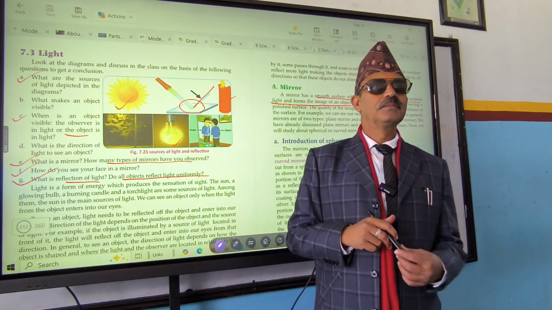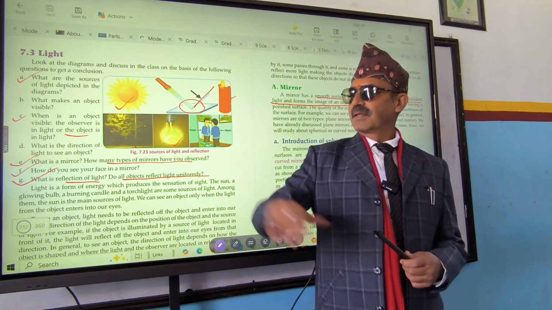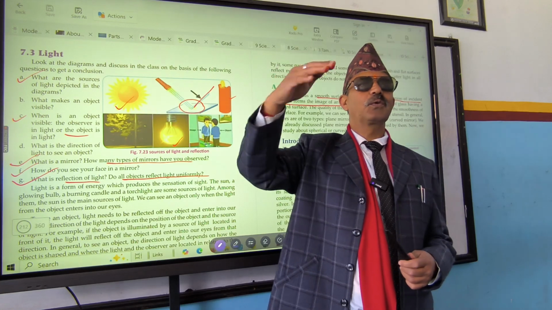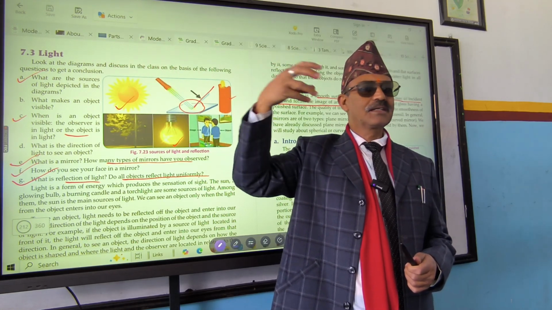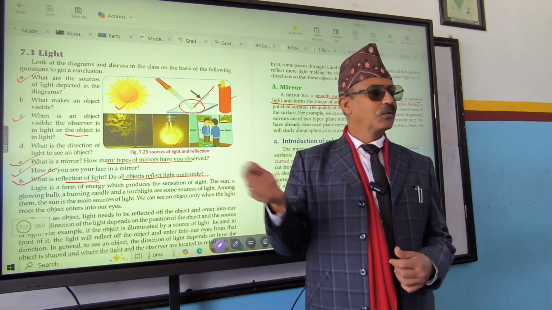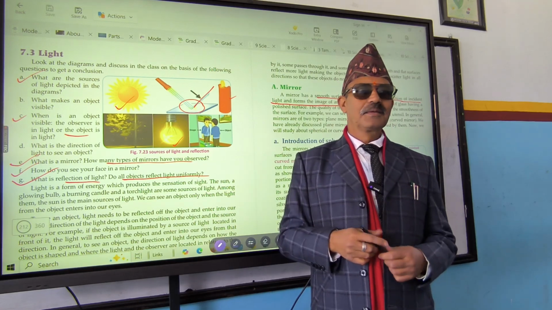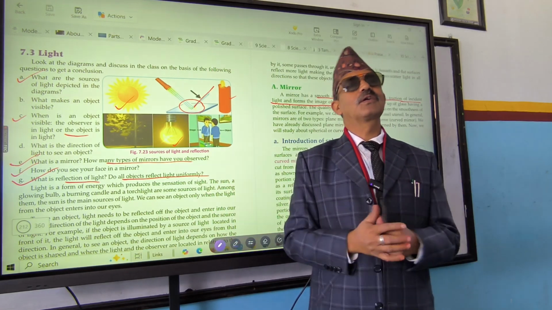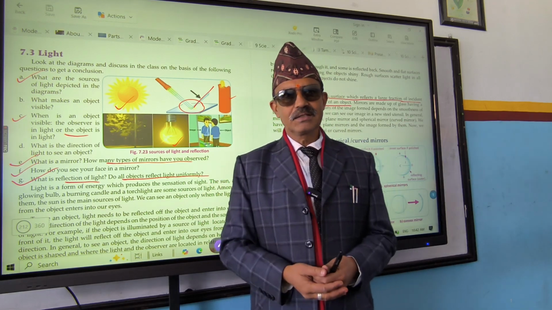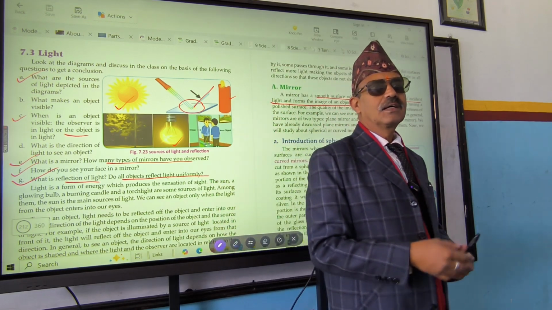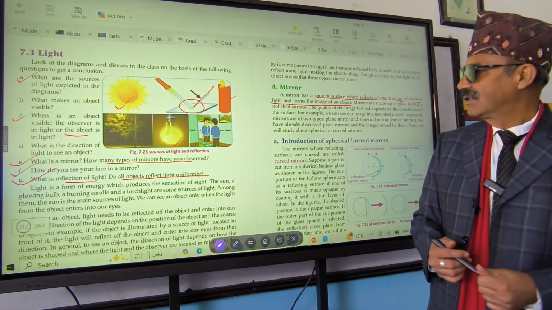Keep one mirror and your coat in the sunlight. The mirror reflects light and it may come to our eyes. Your coat, does it? That means they do not all reflect in the same way. Some reflect more light, some reflect less light. That will be discussed today.